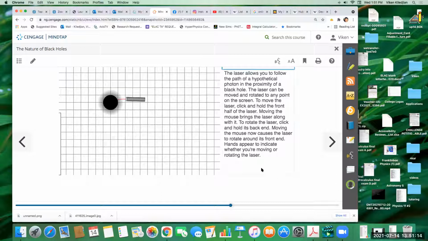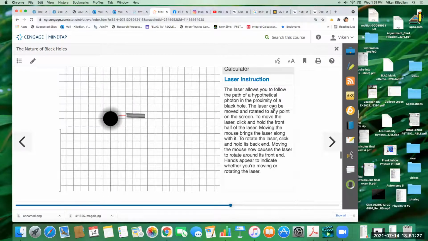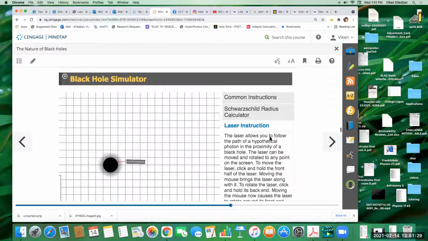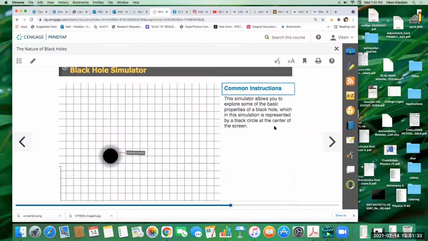Laser instructions: a hypothetical photon in the vicinity of a black hole. The laser can be made to rotate. Moving the mouse now causes the laser to rotate around its front, and hands appear to indicate whether you're moving. Okay. Common instructions. Basic one.